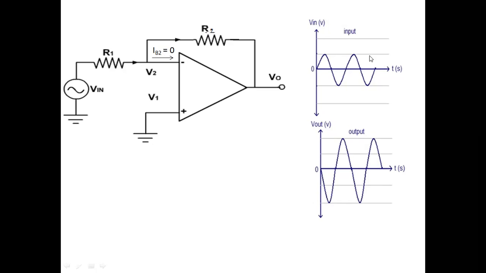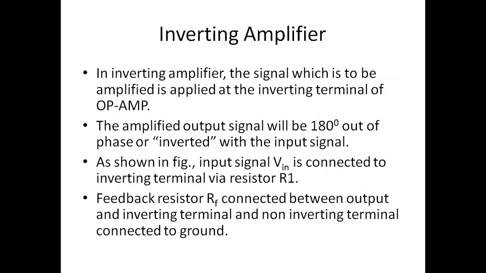This is the input voltage which we are giving at the V2 terminal of the inverting amplifier, at the negative terminal. So we will get the output that will be inverted with respect to the input. So we can say the amplified output signal will be 180-degree phase shifted with respect to the input signal. And here we are connecting Vin to the inverting terminal.